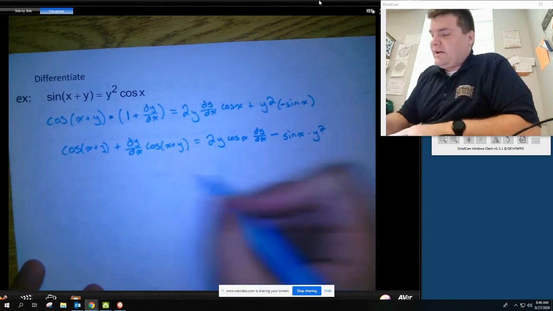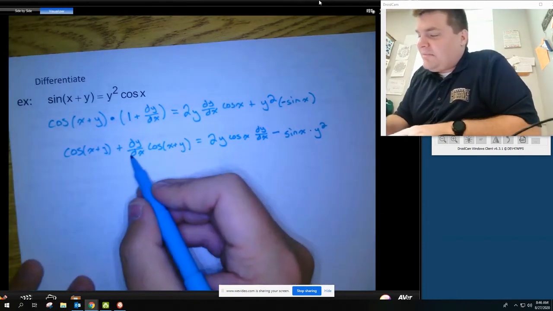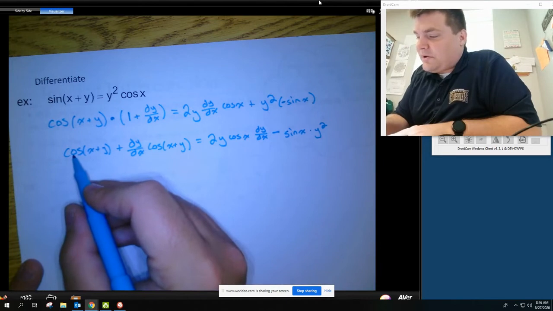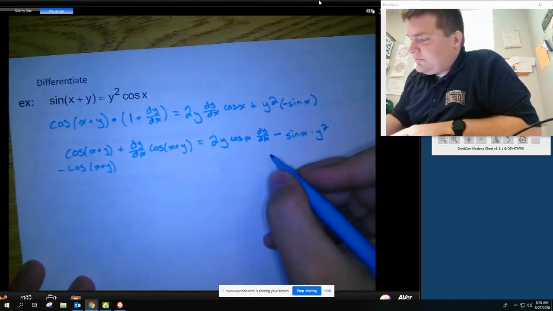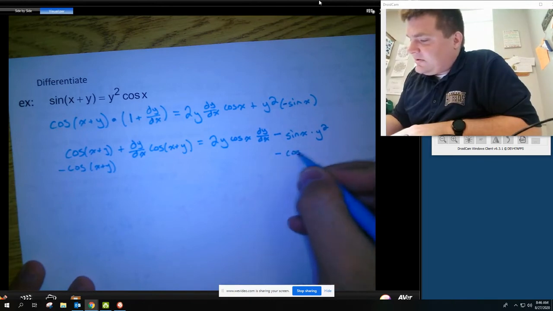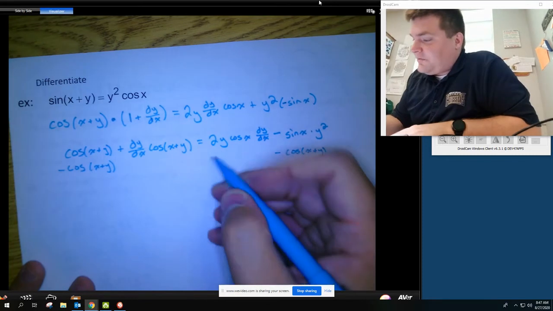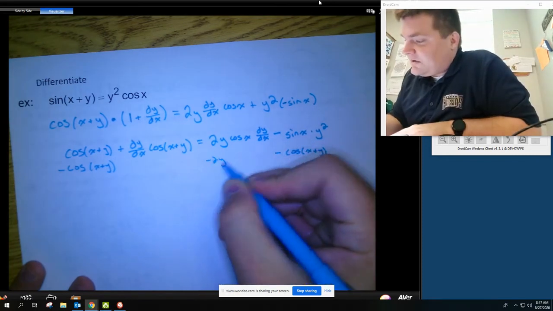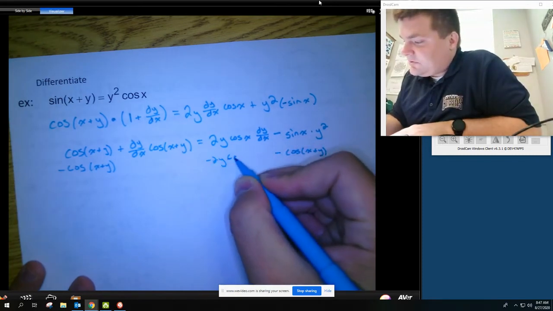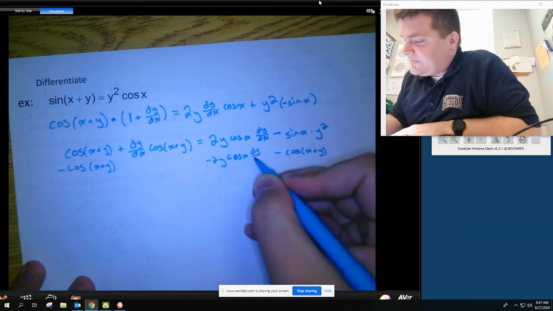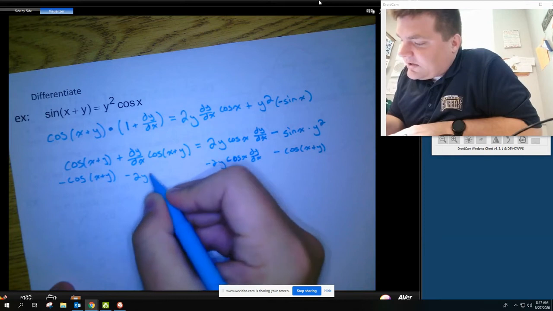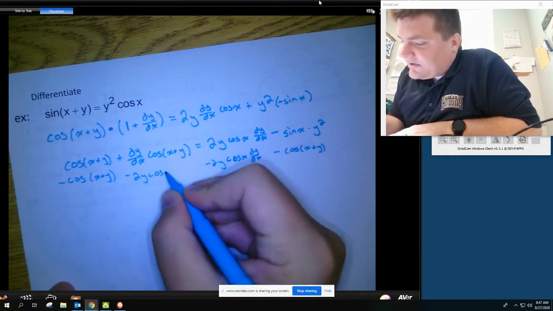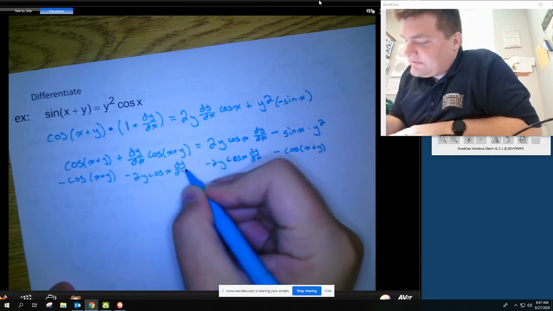Now, my dy dx is on one side, so I'm going to keep this over here and get rid of the cosine. So over here, I'm going to subtract cosine of x plus y. And actually, I'm going to get rid of this negative 2y cosine x dy dx because I need this entire term over here. So 2y cosine x dy dx.